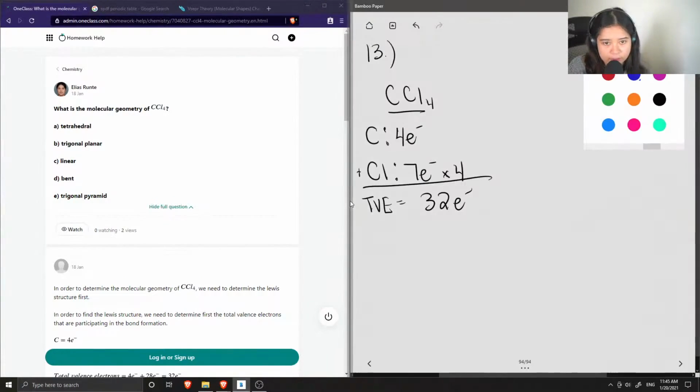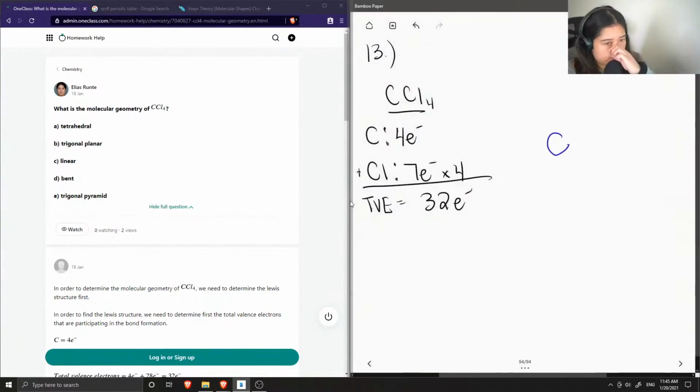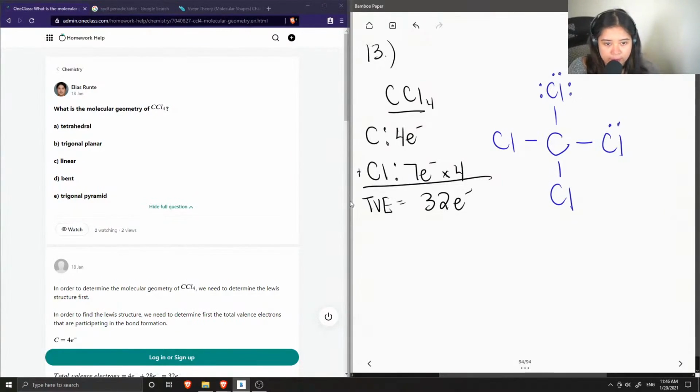So now let's try to draw out the skeletal structure. We'll have carbon as our central atom. And then I'm just going to draw my 4 chlorine atoms symmetrically all around it. And then I'm going to draw in all of my lone pairs on the chlorine atoms as well.